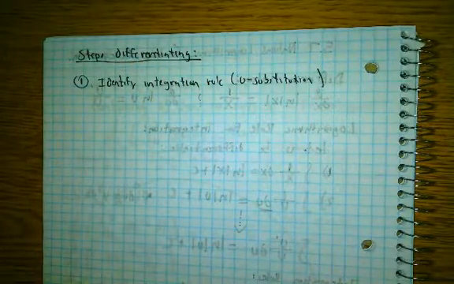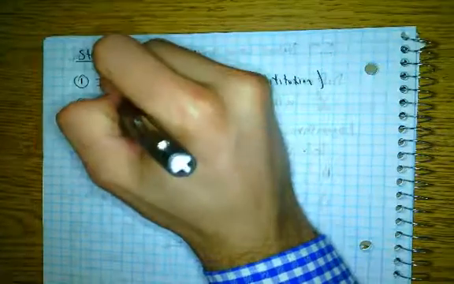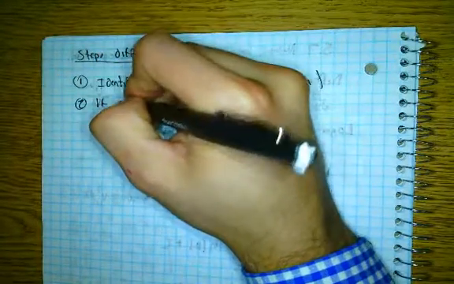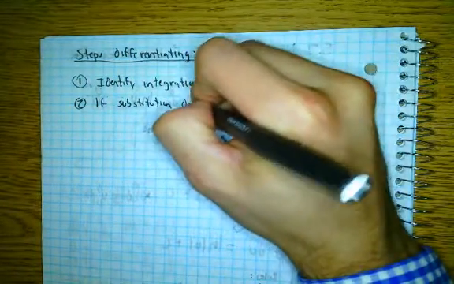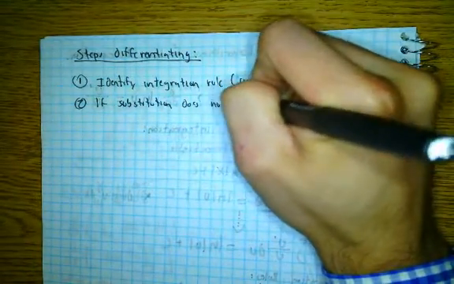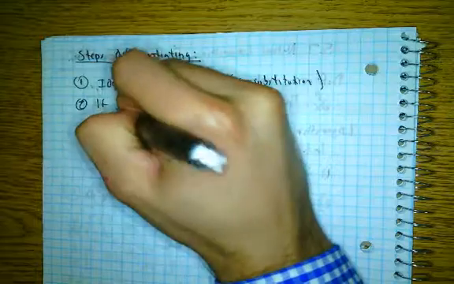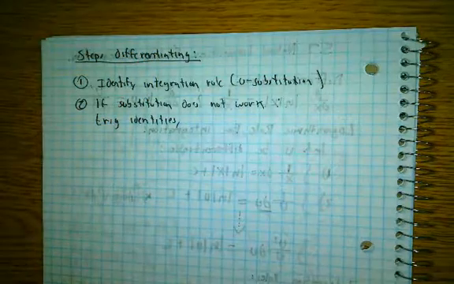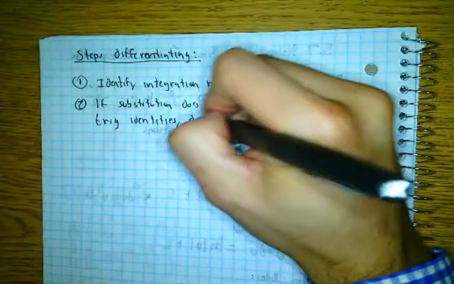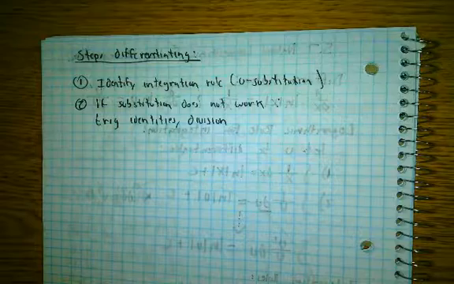Very straightforward. Number two, if substitution does not work, so if substitution is not enough, then you can try the following. Using trig identities. Using division. When I mean that, I mean synthetic division or long division.